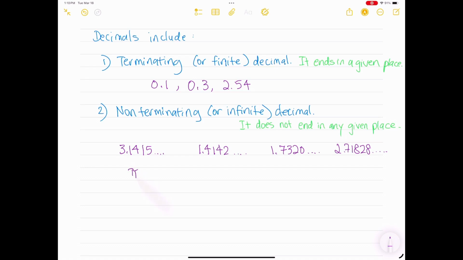The first one, 3.1415, is pi, 1.4142 is the square root of 2, and 1.732 is the square root of 3. We will talk about those more later in future videos.